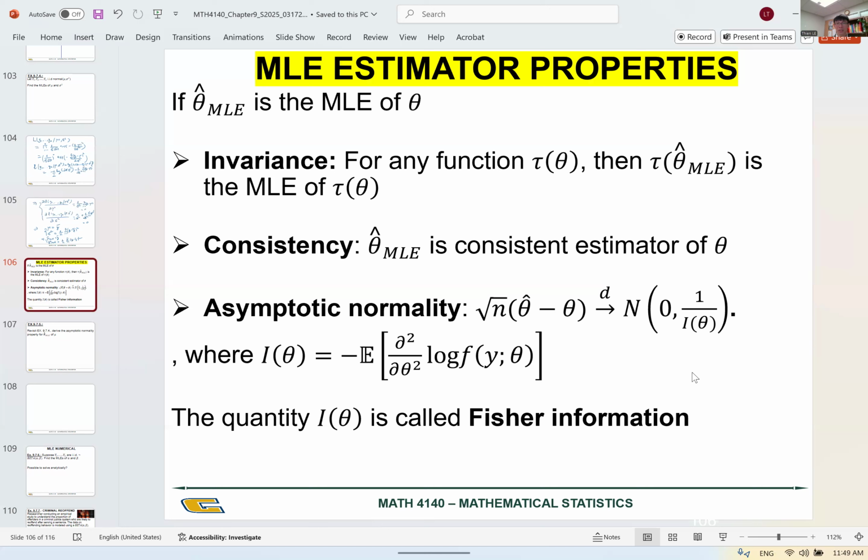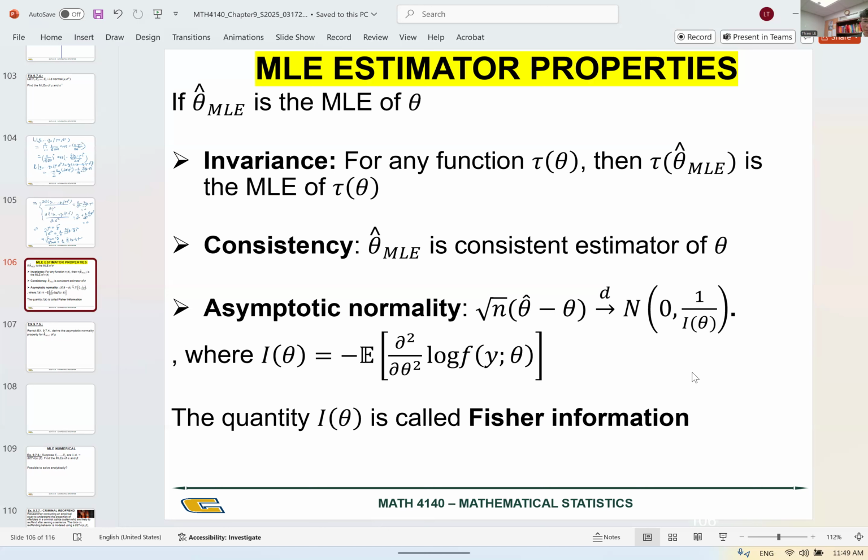Which means actually you can show that theta hat MLE converges to the truth, right? The square root of n times theta hat MLE subtract theta converges to a normal distribution with mean 0 and variance 1 over I of theta.